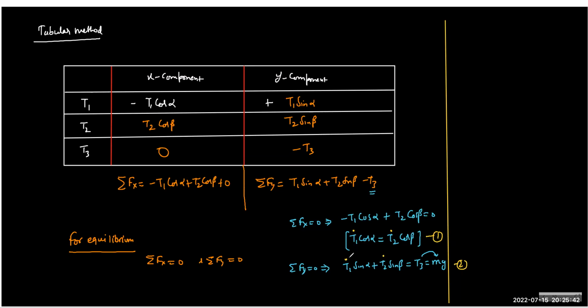Alpha, beta are given to you. Don't worry. What was not given is the tension developed. So alpha, beta are given to you, and you can use them in expressing your answer. What is not given to you? T1 and T2.